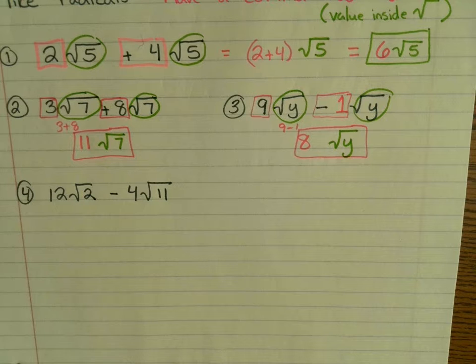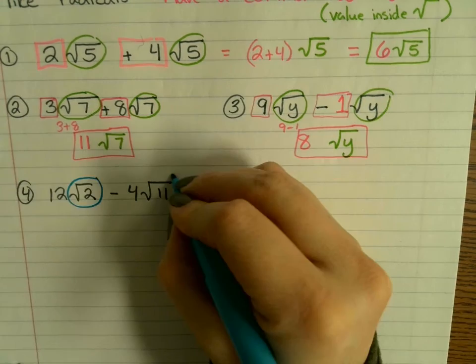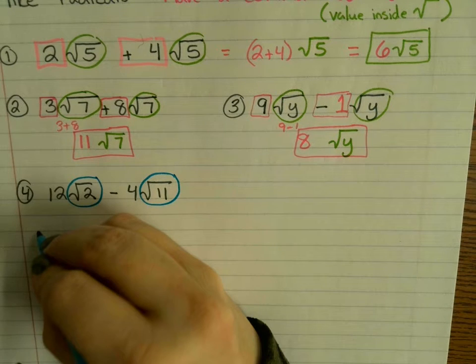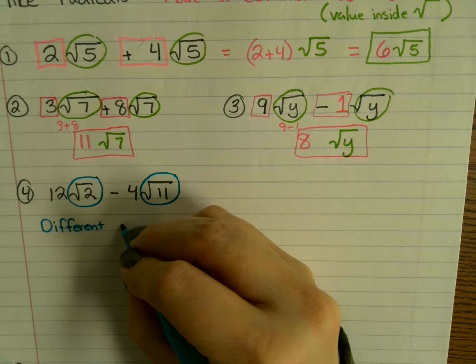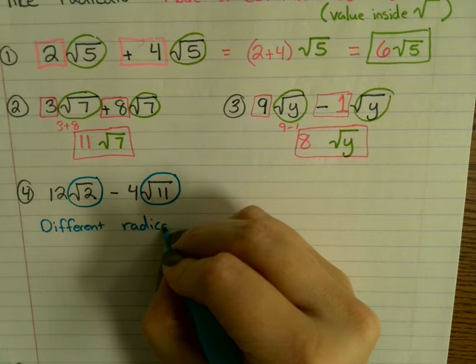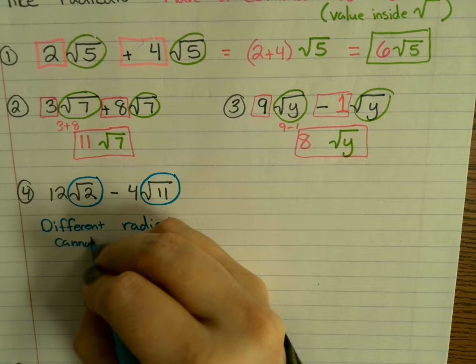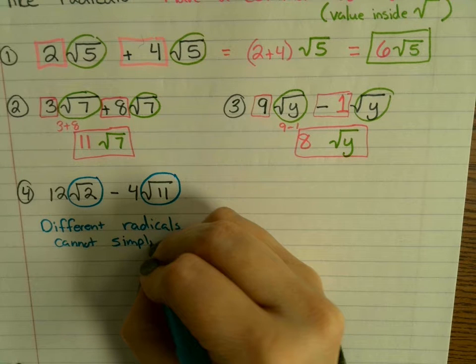Looking at these radicals, the square root of 2 and the square root of 11, they are different. Different radicals, so you cannot simplify. You cannot subtract them. You could not add unlike radicals.